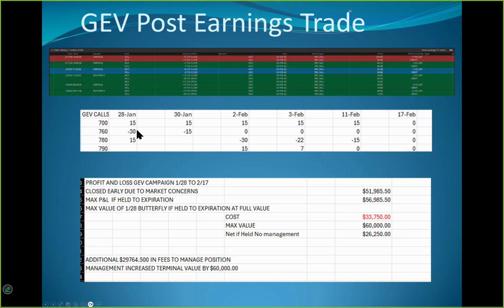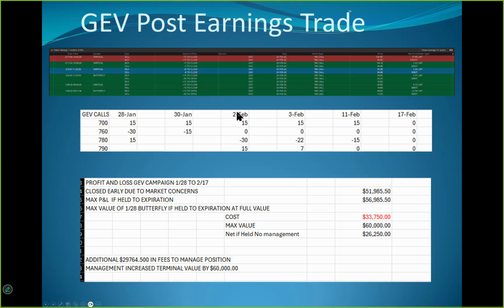Then I sold the short call spread, and now I have just a plain long vertical, 15 and minus 15. Then I decided I wanted to make the 760 go away and push the 780 up to 90. So I was able to buy a spread here.